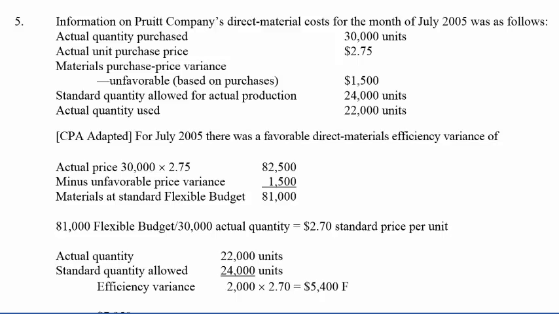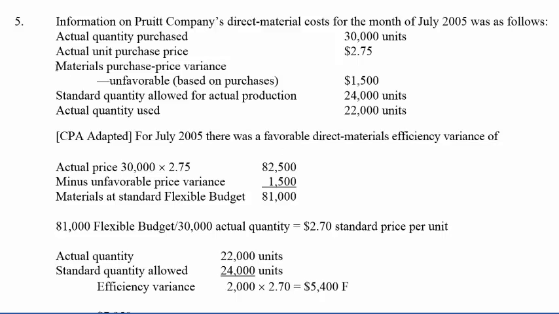Let's check it out. We've been given the information on Pruitt Company's direct material cost for the month of July. Actual quantity purchased is 30,000 units. The actual unit purchase price is $2.75. So we can take that information and calculate out what was actually spent for the direct materials.